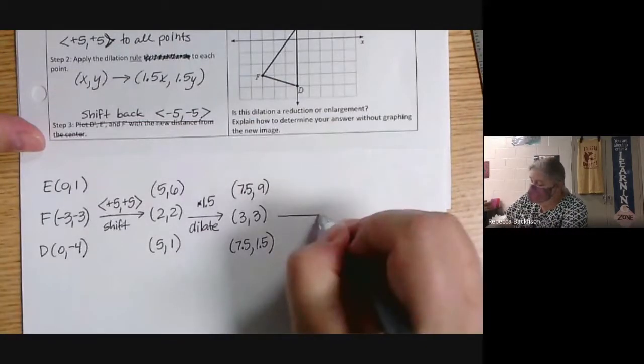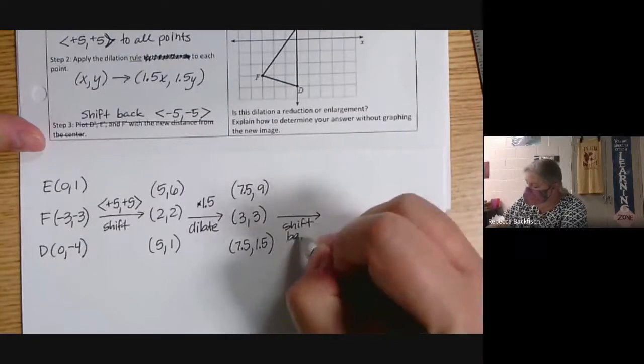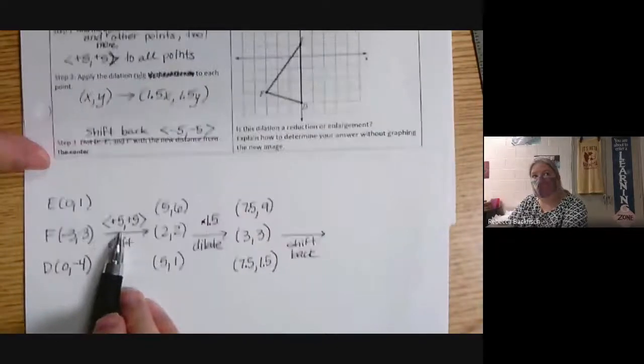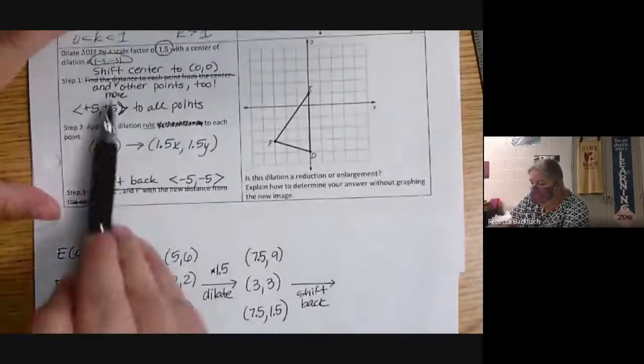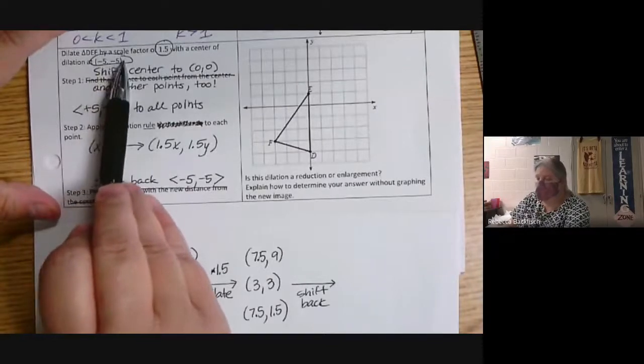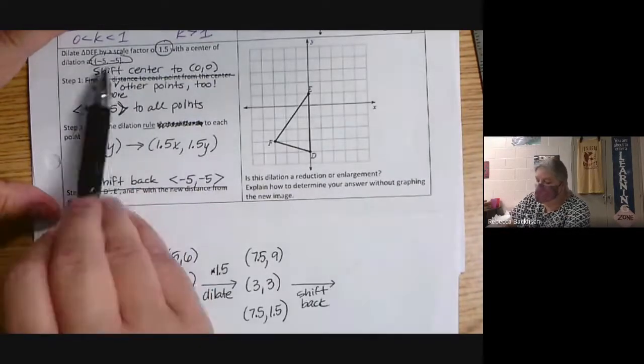So my shift over here is always going to be the opposite of what I did here. It's also always going to be identical to the point that is the center. Because remember, the coordinates for a point are directions to get there from 0, 0. So to get back to where I'm supposed to be from 0, 0, I'm going to go -5, -5.